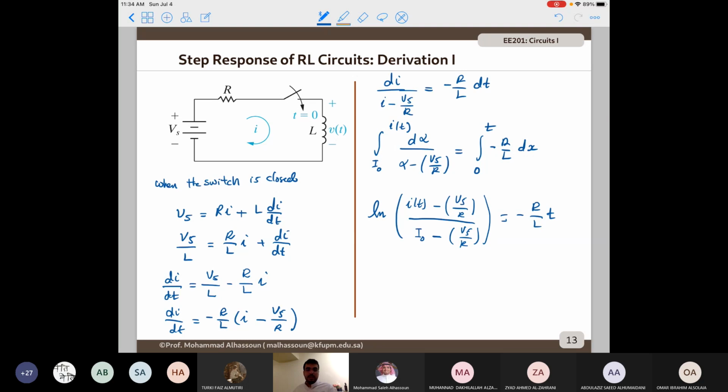So I need to take the natural exponent of both sides. If I do that, I will get I(t) equals Vs divided by R plus I naught minus Vs divided by R, multiplied by e to the power minus R/L t.